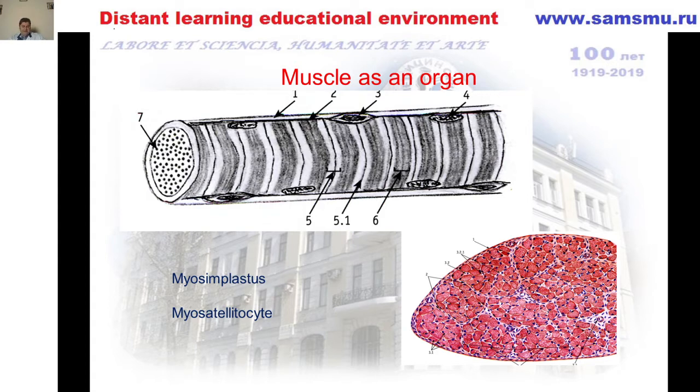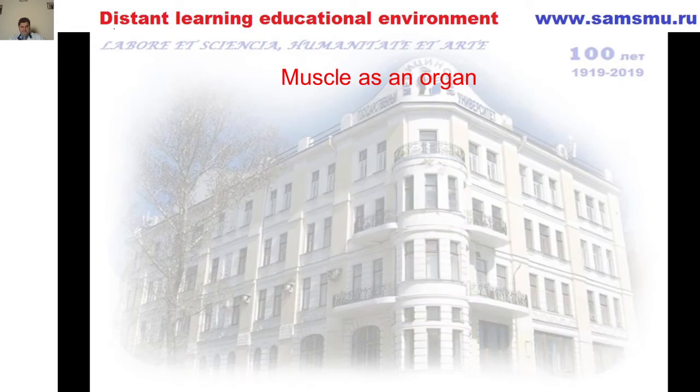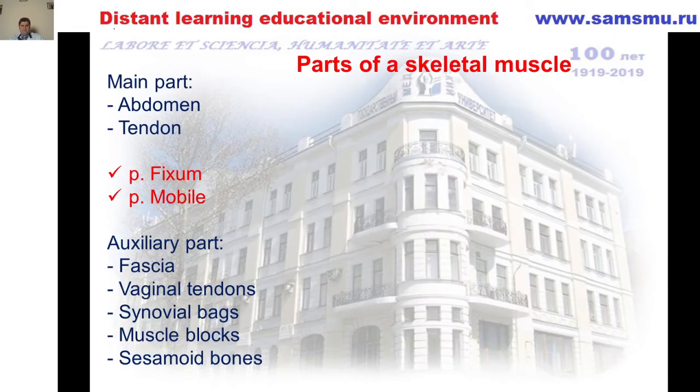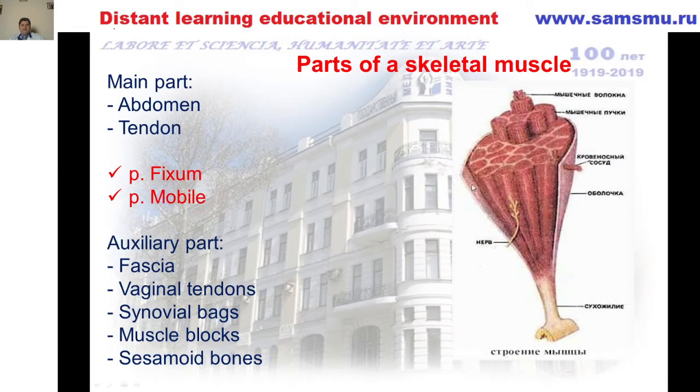Muscle fibers form the working part of the muscle called the body or venter. So you may see the venter or abdomen or caput here. The muscle of the simplest form, a head or abdomen or body, also has a tail, the tendon.